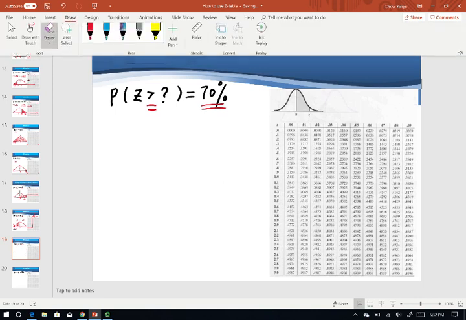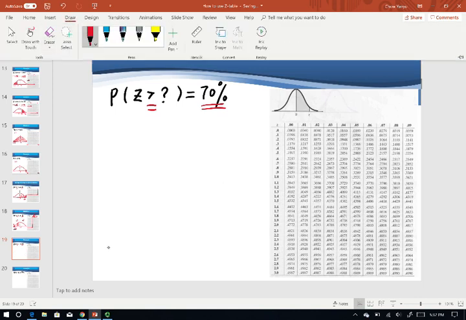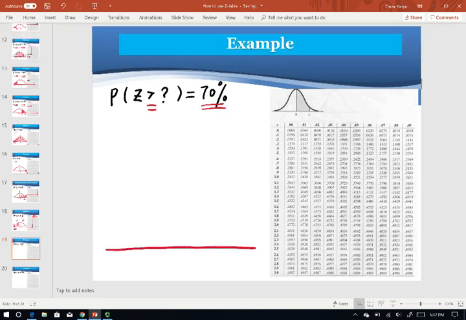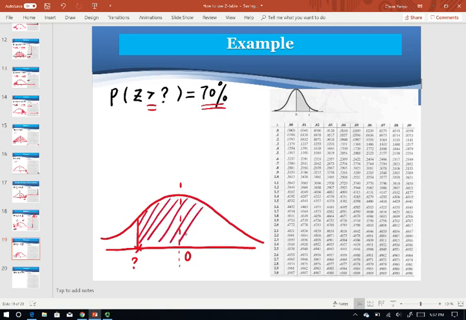Let's draw the curve again. The middle is 0. So higher than which number? Put a line starting from this number. Higher than, that will be everything on the right.